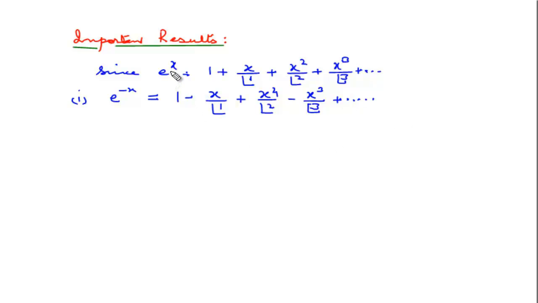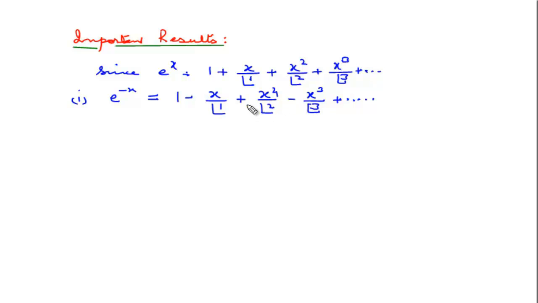Here if I replace x by minus x, then the first term will remain 1 as it is. Then x is replaced by minus x, so the second term will become negative, that is minus x upon factorial 1. Then in the third term, minus x whole square will become again plus x square, so the third term will be x square upon factorial 2.